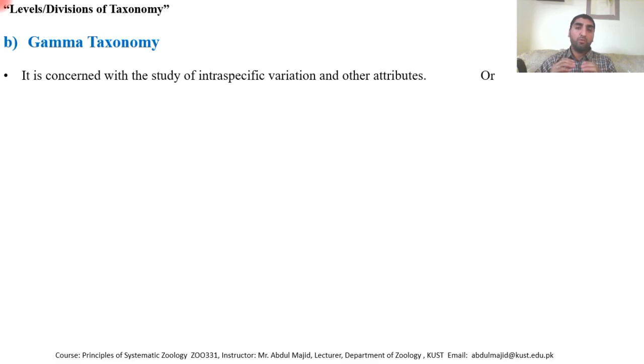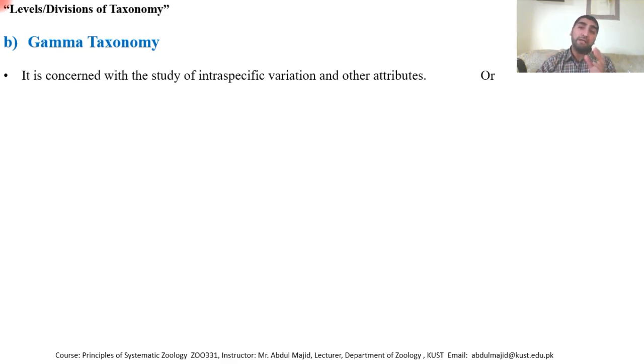When you go inside species, before gamma, we were talking about the species, but when you go inside the species and dig out the differences, the different varieties, the different variations inside a population, inside a species, then you are studying at gamma level.